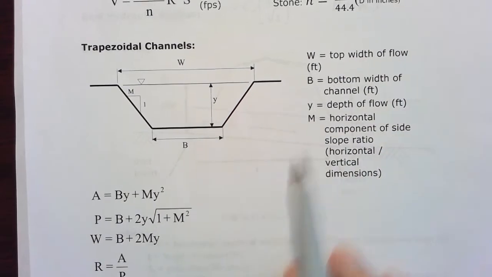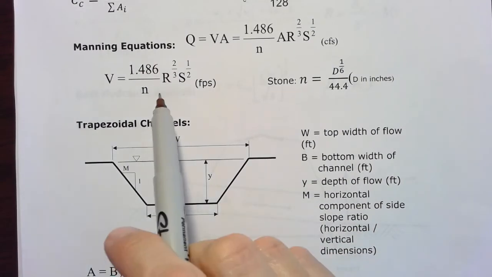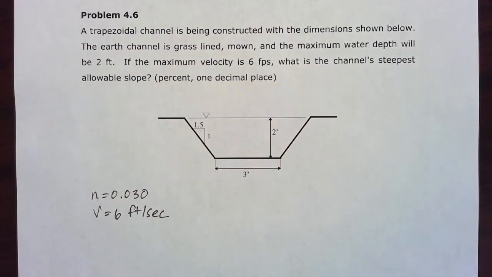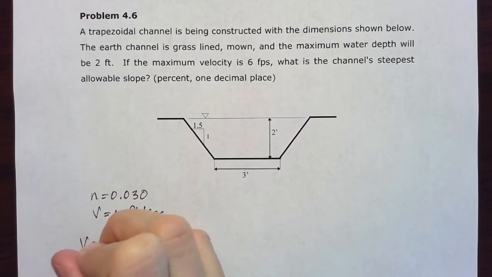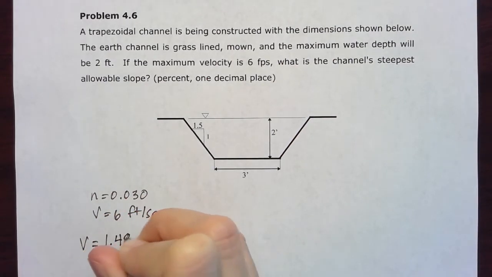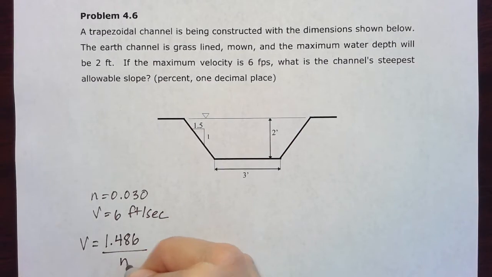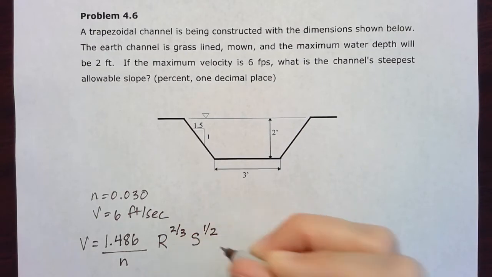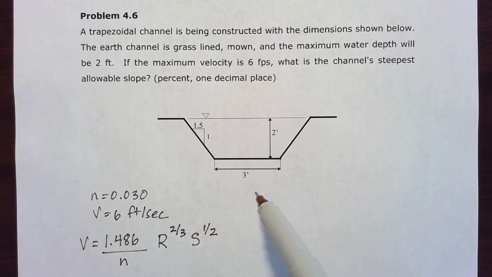So let's go ahead and write that Manning equation down, and then we'll also write down this information for the trapezoidal channel. So the Manning equation from the handout is that our velocity equals this 1.486 conversion factor divided by that Manning's number n times hydraulic radius to the 2/3 times slope to the 1/2. So in order to find that hydraulic radius, we're going to have to find out some information about this channel.